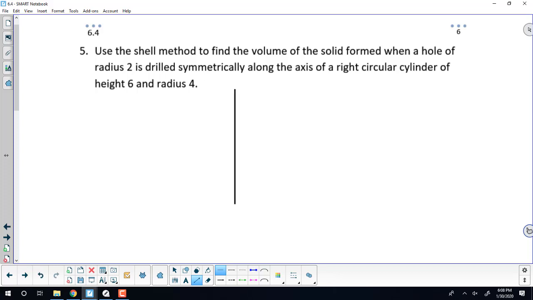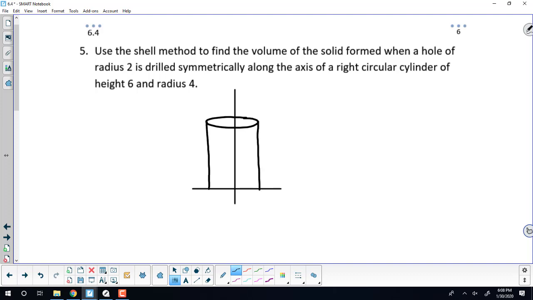Okay, so let's do this. Just drawing out what we're dealing with. Height 6, radius 4. So we're trying to find the volume of something like that. But when we're given a figure that's complicated but symmetric, we don't really want to think in terms of the volume.